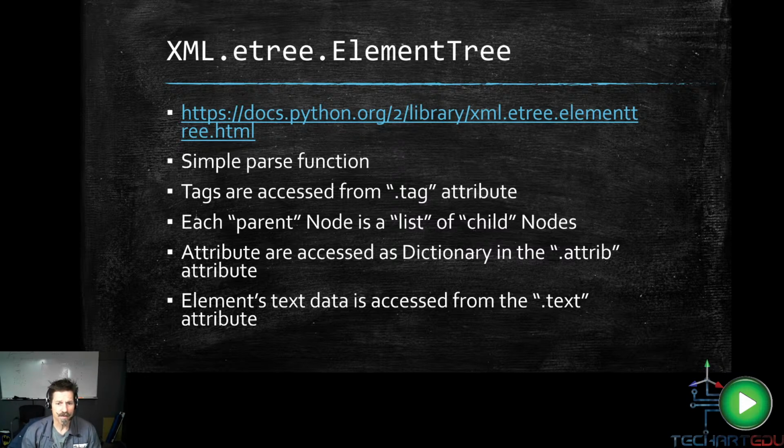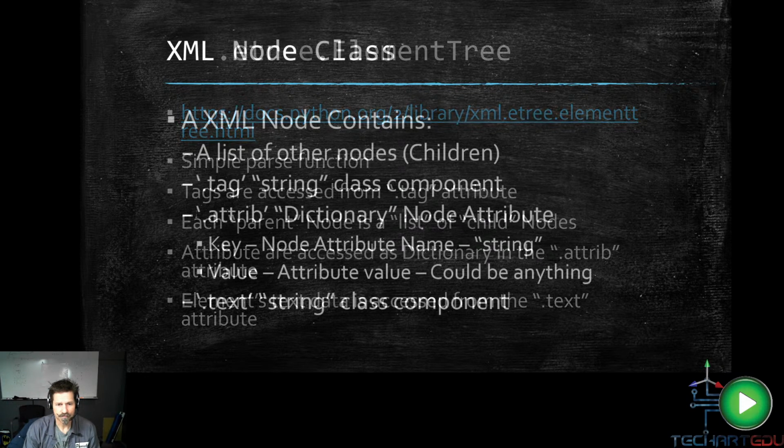The parent information is a list of child nodes. So every single node is a list of child nodes. That's really all that it is. And then all your attributes are put in a dictionary associated with the class. And then if you have text information, that's put in a text attribute.